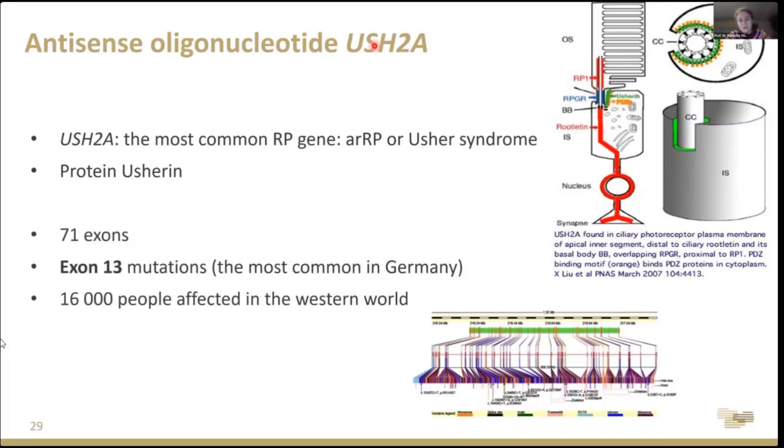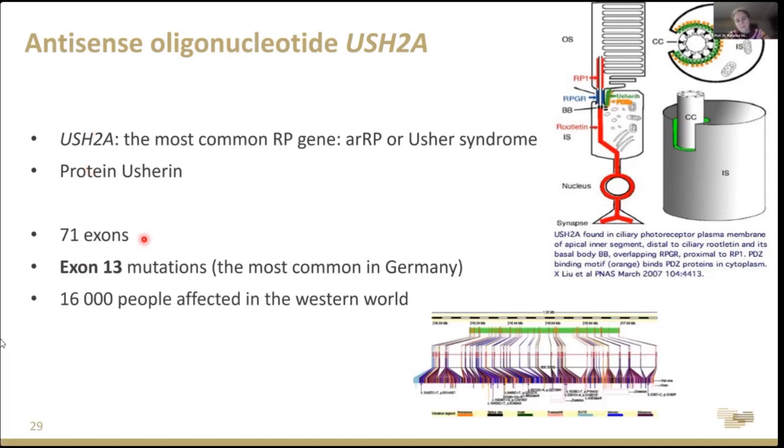And the USH2A gene, which is very large, has 71 exons, and there is this exon 13 included, where most commonly in the Western world, here I wrote in Germany, but it's actually also true for most European countries and the US, most of the mutations are lying inside of exon 13. We have estimations of about 16,000 people being affected in the Western world by exon 13 mutations of the USH2A gene.